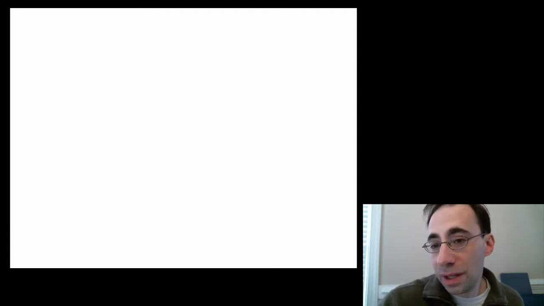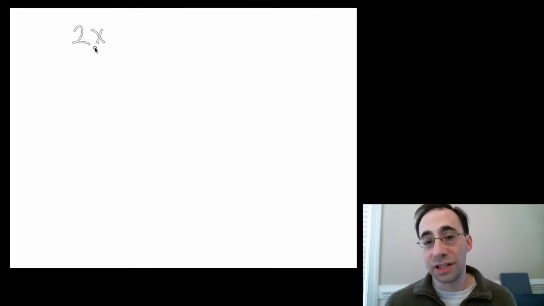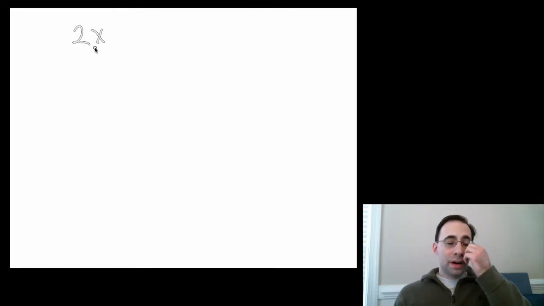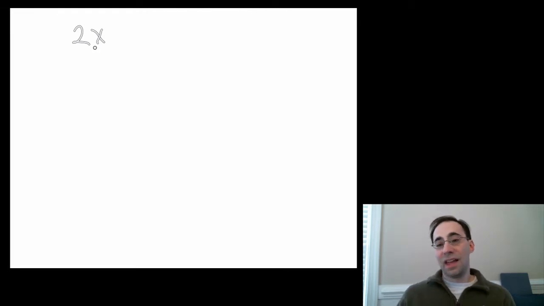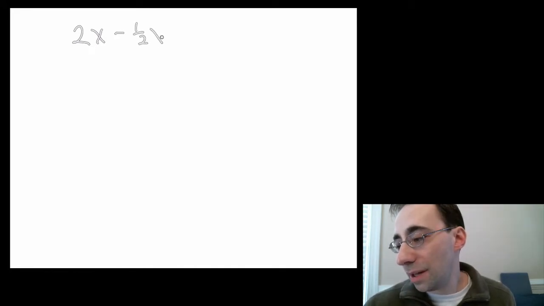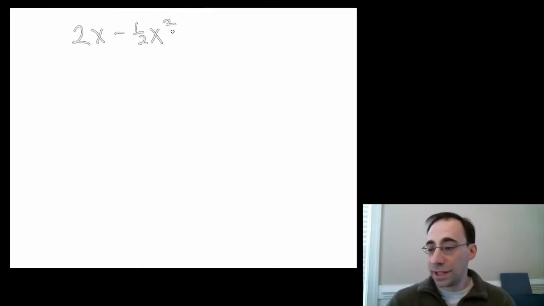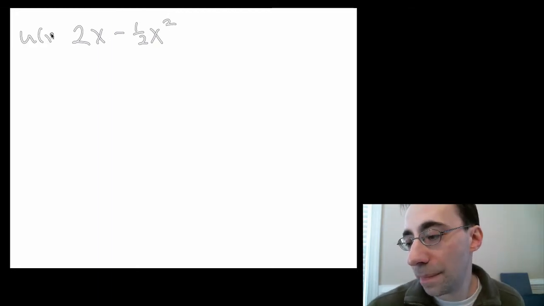Let's start off by assuming that what you get is 2x, where x is your contribution. Let's assume also that you have some other use for your money. Had you not given the money to the politician, you could have instead done other more fun stuff. So let's say the cost of losing that money is 1/2 x squared. This then would be the utility function.